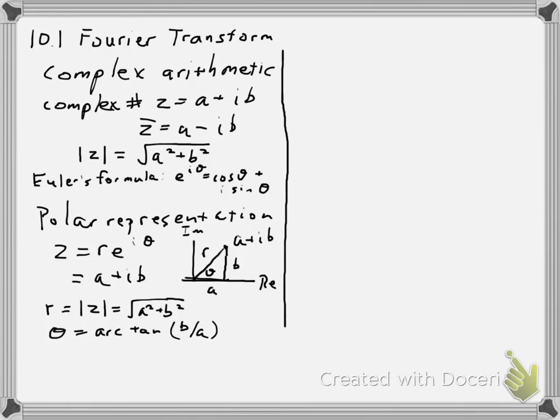So why is this polar representation useful? It's useful when we go to multiply complex numbers. If we were to multiply z1 times z2, which have polar representations r1 e to the i theta 1 and r2 e to the i theta 2, then using properties of exponents, this equals r1 r2 e to the i (theta 1 plus theta 2).